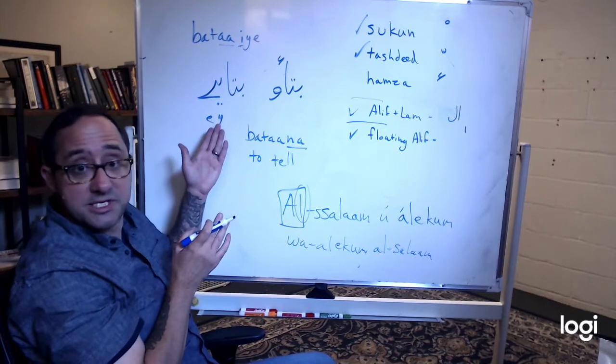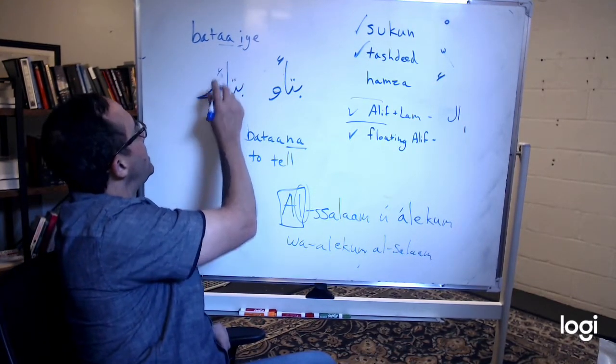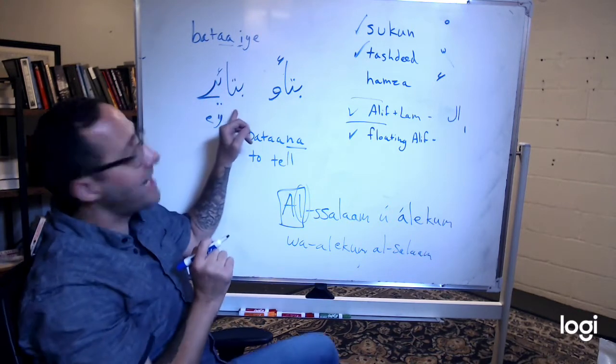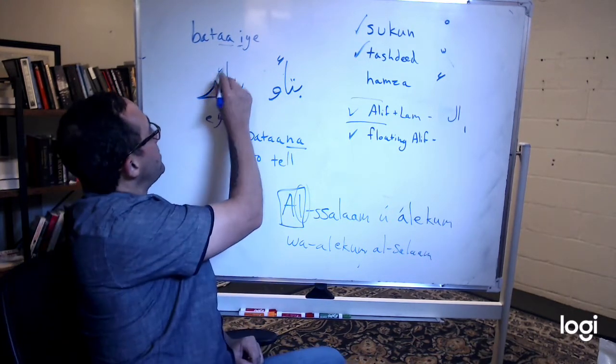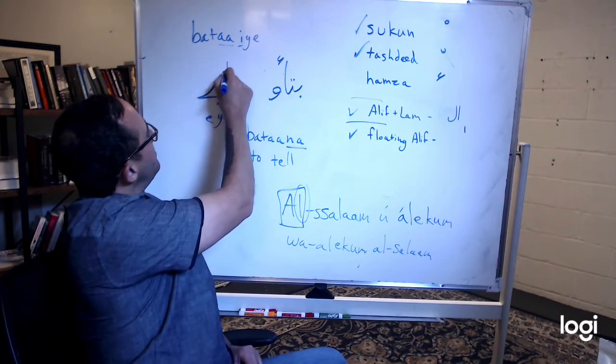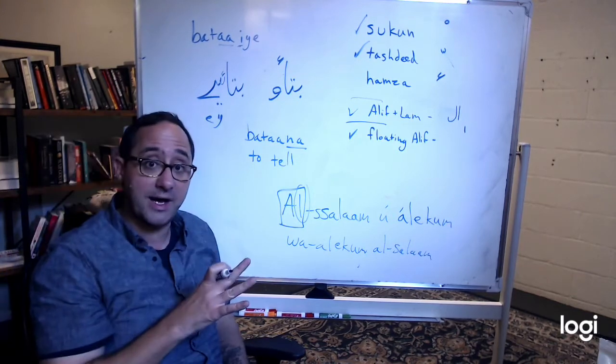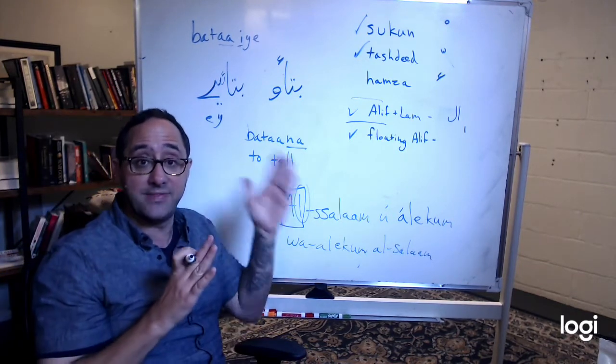But the short vowel isn't shown, right? So I need to put a little Hamza here so that I know, and actually, if you want to be even more formal, you would put an extra one there, you would put the Hamza here. So that would show that there is a short vowel in between the ah and then the y.